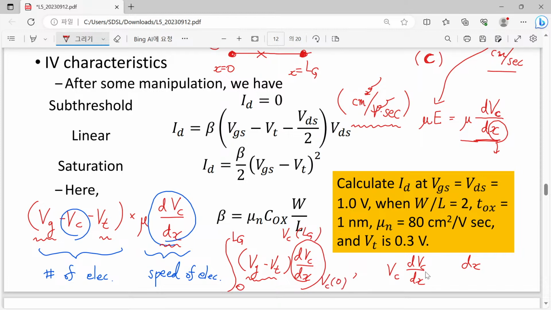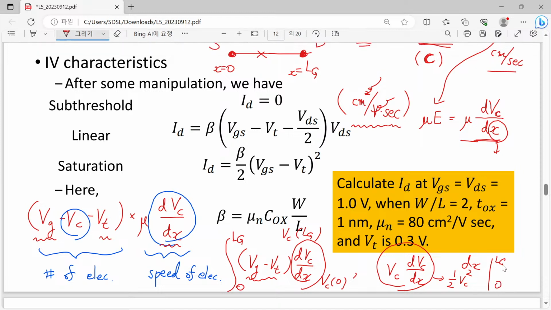This term will come. And how about this one? If we integrate it, we will have half of squared Vc evaluated at Lg and x equal to 0. So are you all with me?